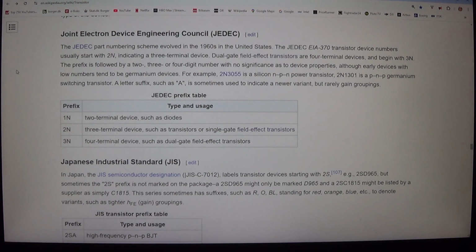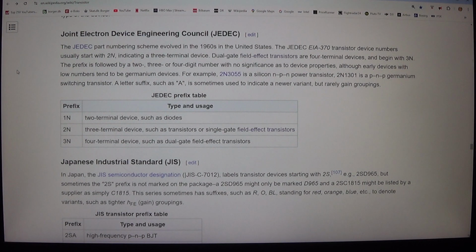The JEDEC EIA-370 transistor device numbers usually start with 2N, indicating a 3-terminal device. Dual-gate field effect transistors are 4-terminal devices, and begin with 3N. The prefix is followed by a 2, 3 or 4-digit number with no significance as to device properties, although early devices with low numbers tend to be germanium devices.